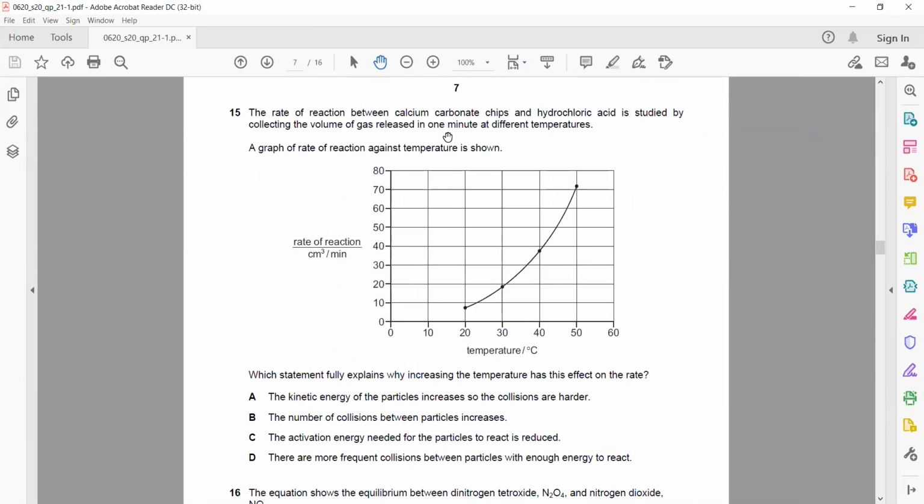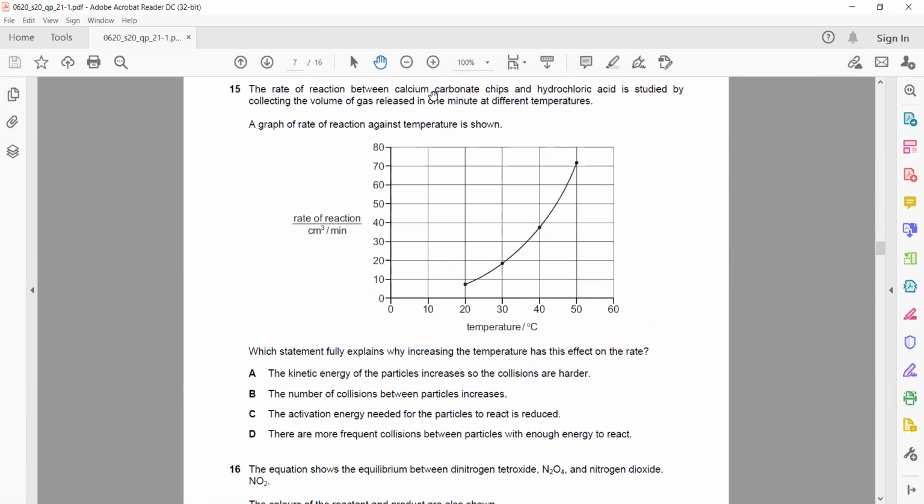Question 15. The reaction is carried out at different temperatures and you can clearly see the reaction rate is increasing.